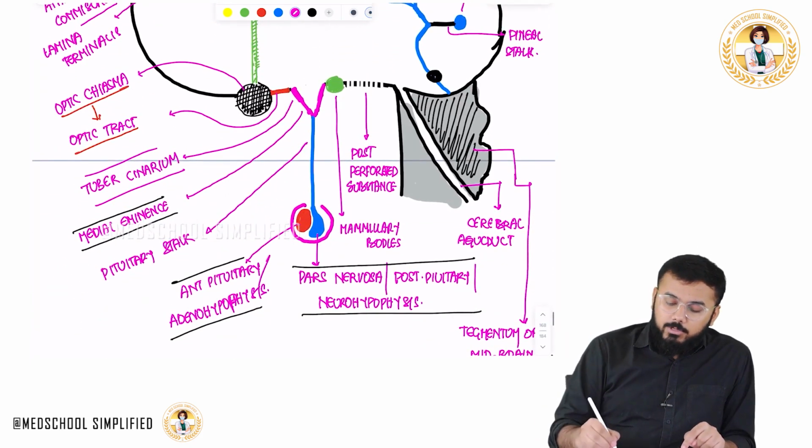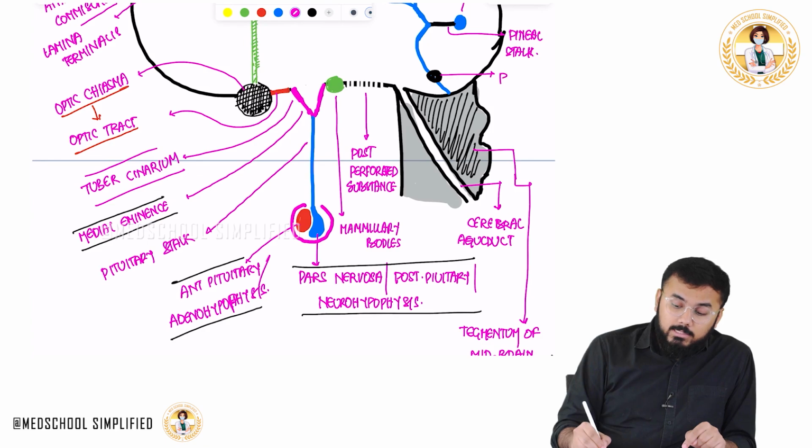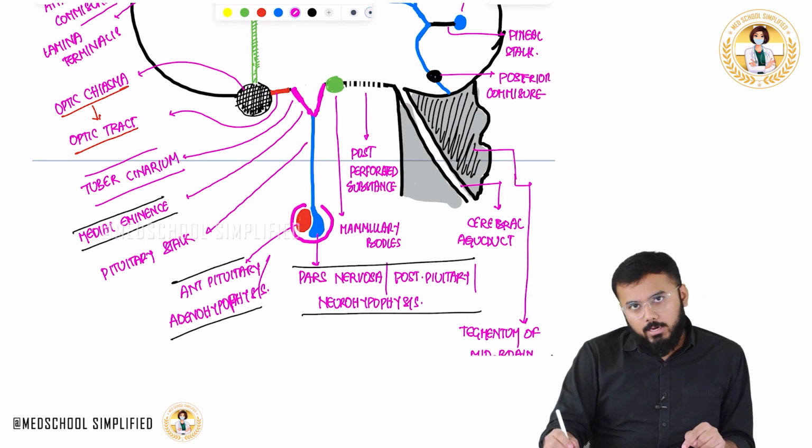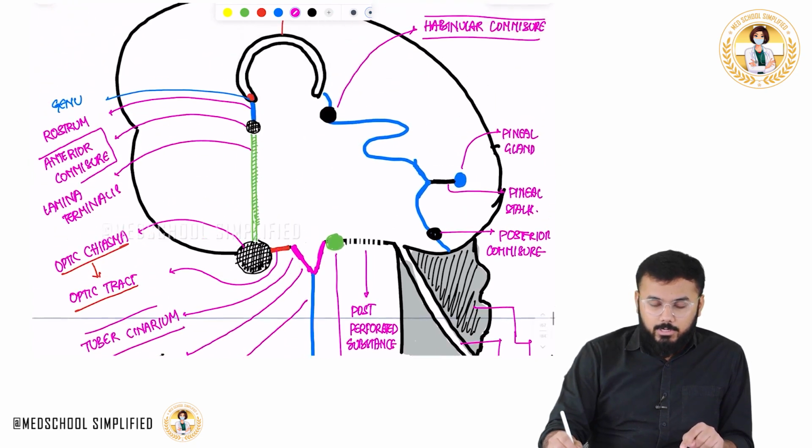In the same way, the commissure located down here is called your posterior commissure. So one is your habenular commissure and the other is your posterior commissure.